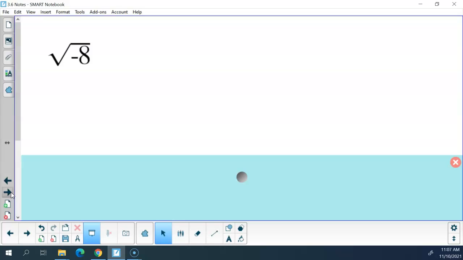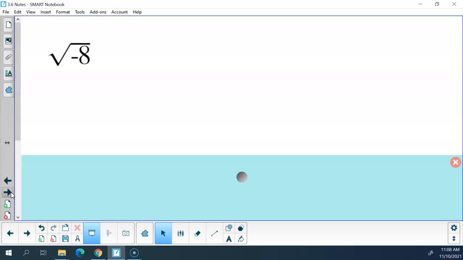we had something that looked like this, the square root of negative 8. And when we had the square root of negative 8, we said, whoa, tap the brakes. Okay. We said this can't happen in the real world. It can only happen in the imaginary world.